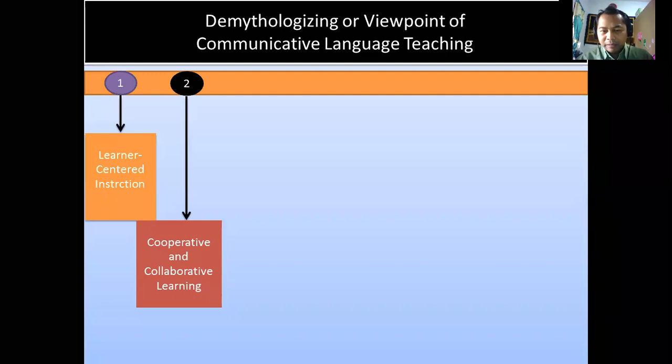But in cooperative and collaborative learning, the teacher assigns everyone in the group to do tasks that rely on or affect other students.